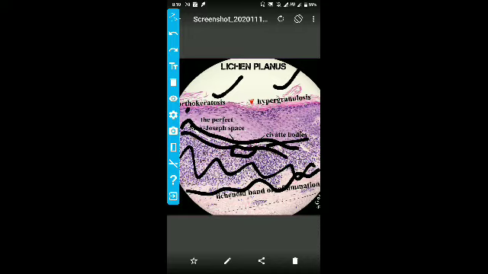So the space between this is called the Max-Joseph space. This space develops because of the degeneration of the anchoring filaments. The anchoring filaments which join this epithelium and the connective tissue are damaged. Hence the development of Max-Joseph space. I hope this histopathology diagram is clear to you.